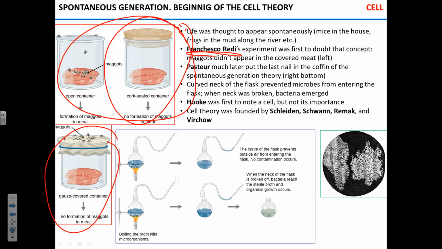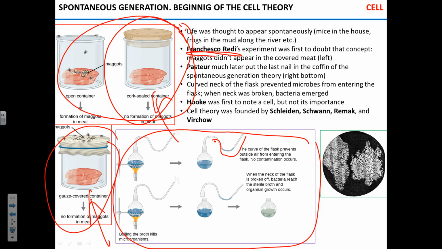So if meat is covered, no maggots. That was the first blow. And then the famous Pasteur experiment that I told you about: the S-shaped neck of the flask. When it stays intact, the media remains sterile. When it's broken, the media develops bacterial growth.